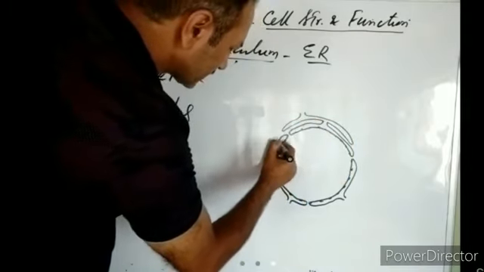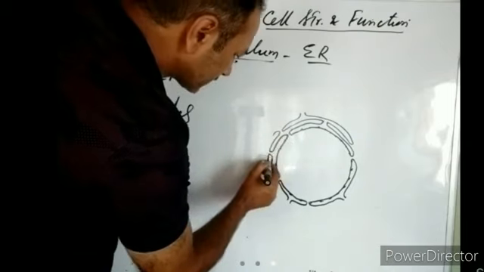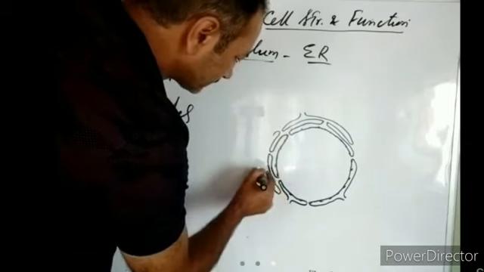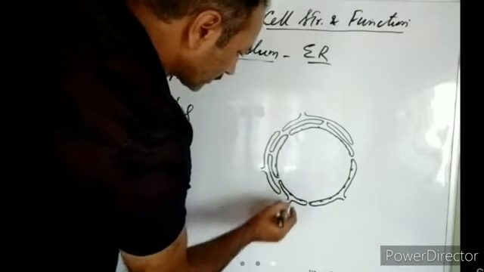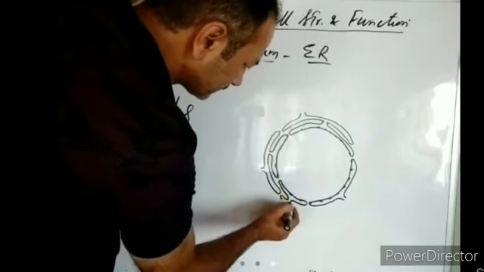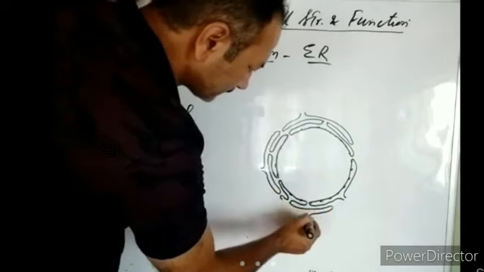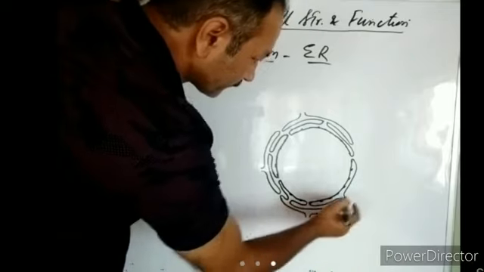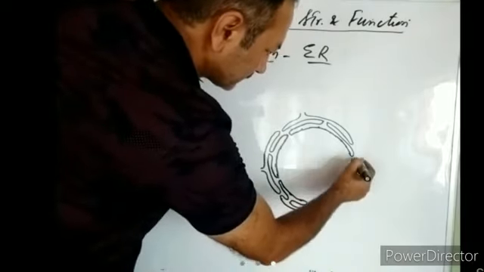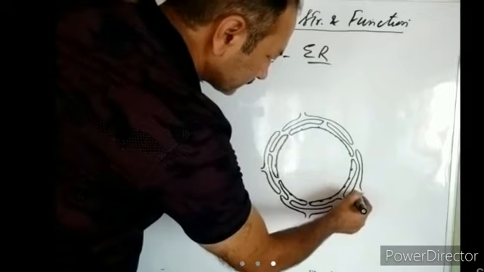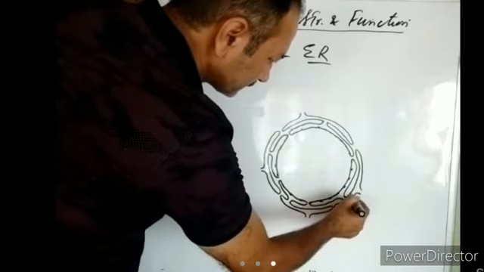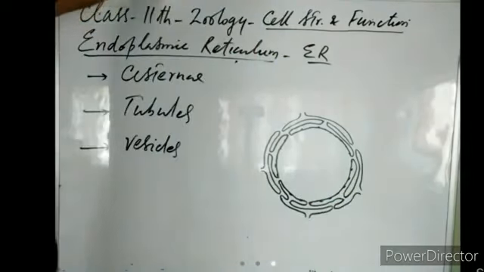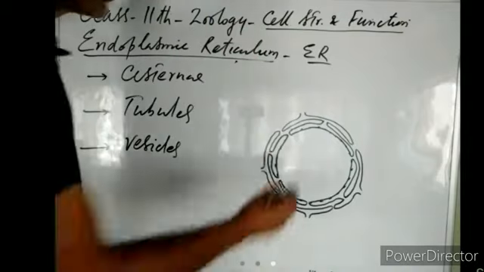This is one cisterna. This is another cisterna. This is another cisterna. This is another cisterna. So this is the first layer of cisternae.